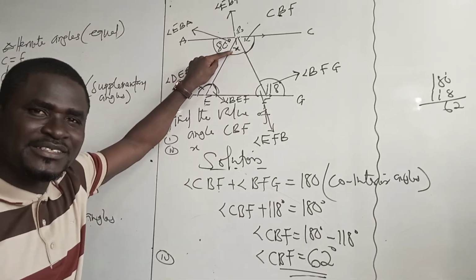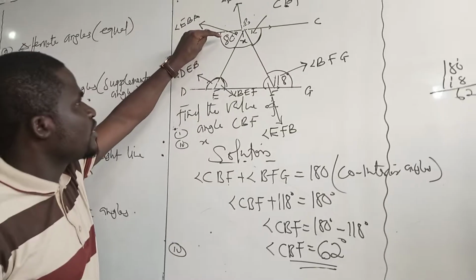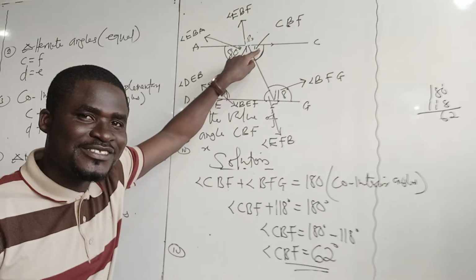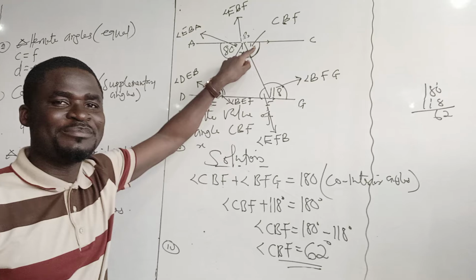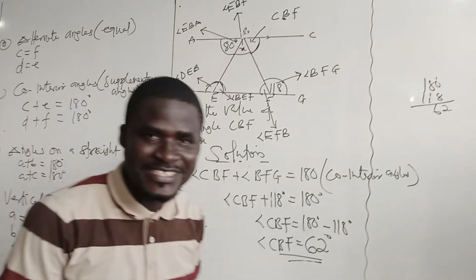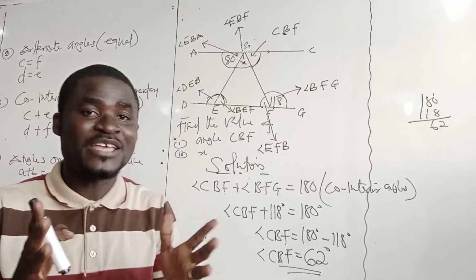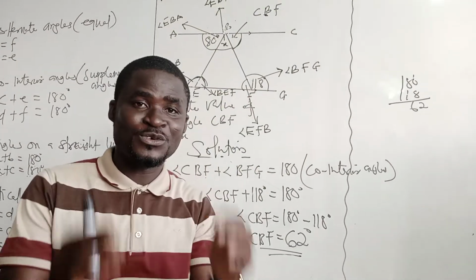What comes to your mind? Now, 80 plus x plus this angle should give us what? Good. We are doing well. Keep it up. It will give us 180. Why? Because angles on a straight line are equal to what?